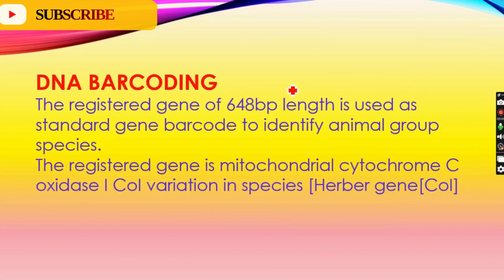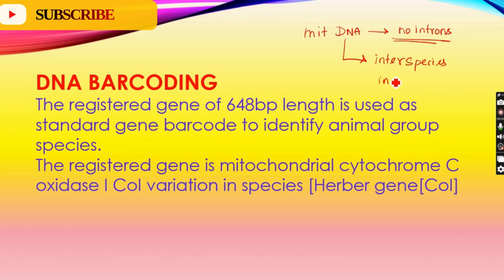Next, as we said, mitochondrial DNA is going to have no introns. As it has no introns, between two species, mitochondrial DNA has few differences at the interspecies and intraspecies level. So this main characteristic of mitochondrial DNA is going to be used in DNA barcoding.